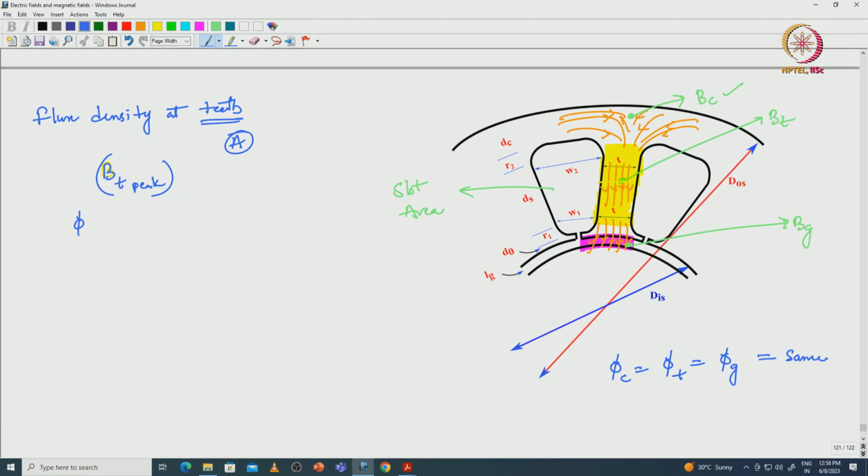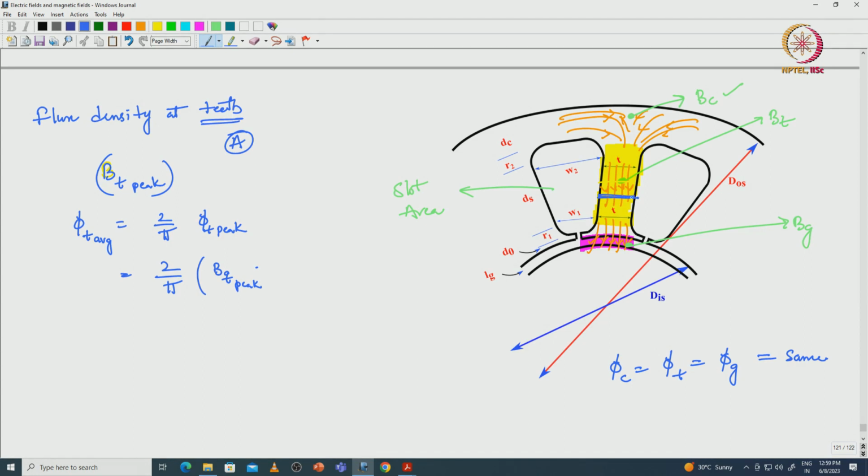So, again flux at the teeth average is equal to 2 by pi phi t peak value. Here 2 by pi is constant, flux is nothing but B into A, Bt peak into area, which is nothing but the cross sectional area with respect to this portion that we have to calculate.